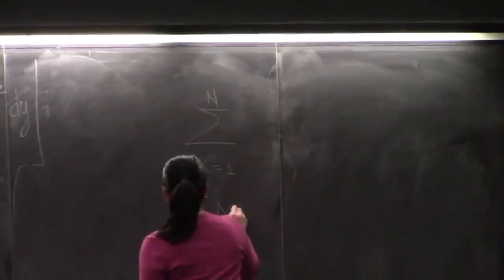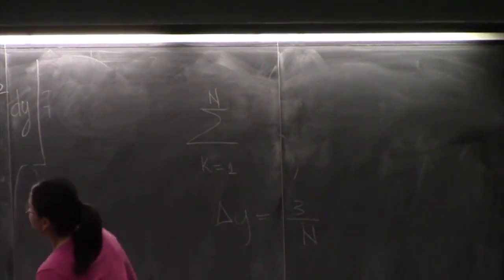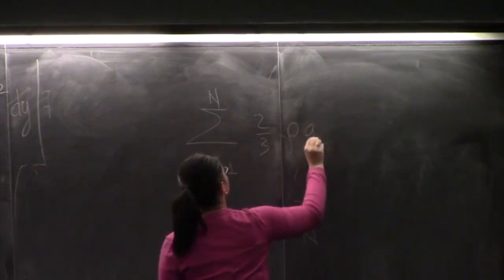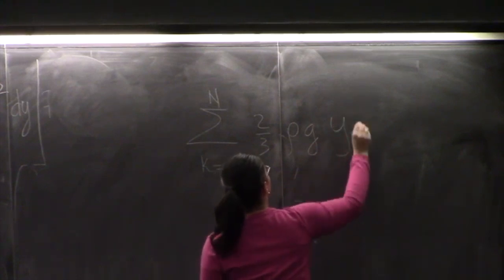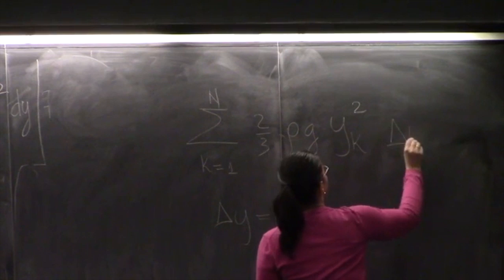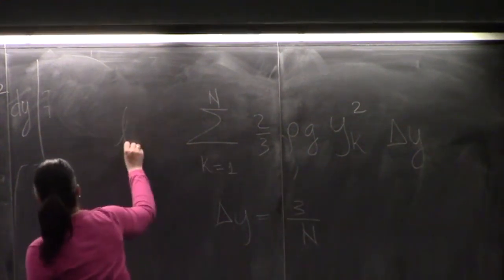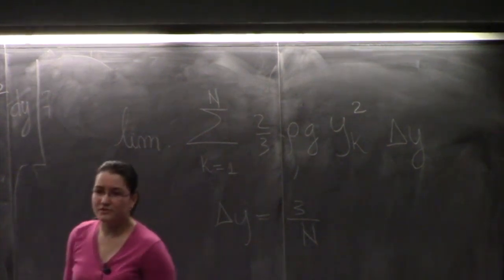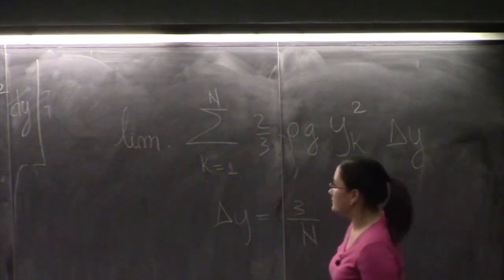Delta y would be something like 3 over n, and you would take 2 over 3 rho g y k squared times delta y. And then you take the limit over here, either as delta y goes to 0, or equivalently as capital N goes to infinity.